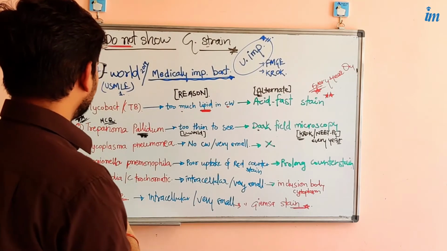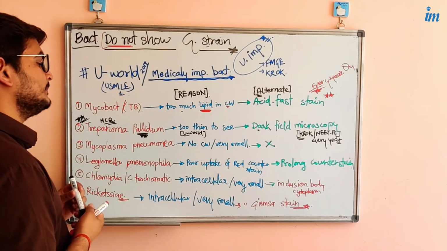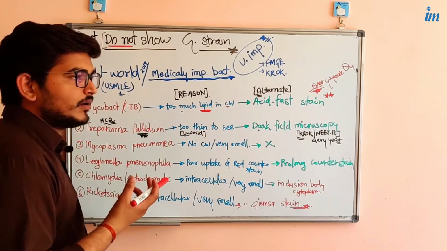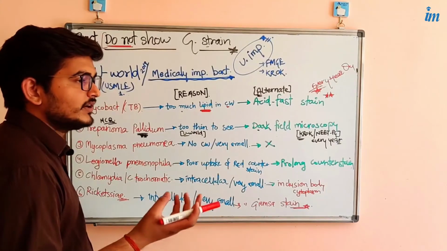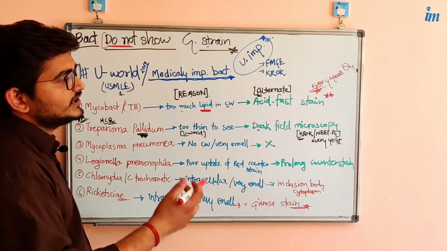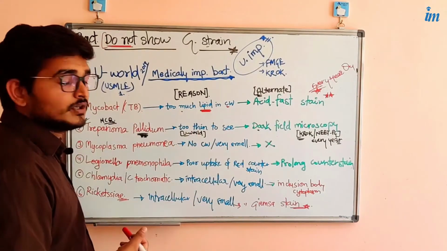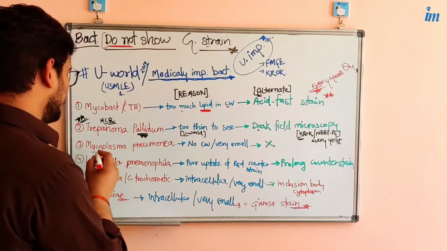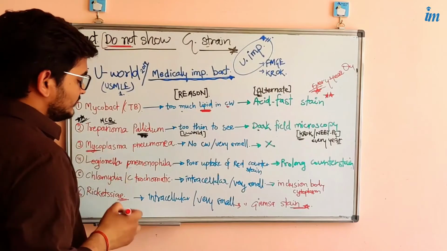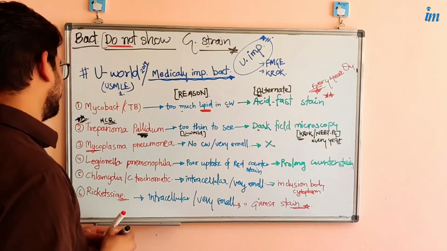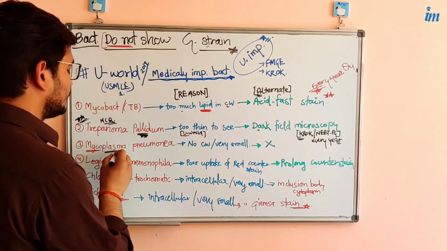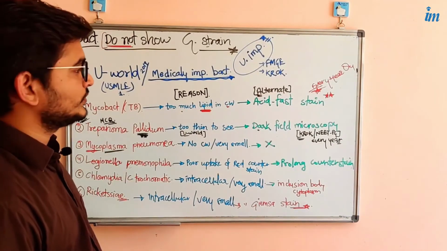The third one is Mycoplasma pneumoniae. Pneumonia can be caused by various microorganisms, viral factors, and sometimes it is environmentally induced. Mycoplasma is a small, modified structure like bacteria. They are not truly bacteria and neither are they truly protozoa.